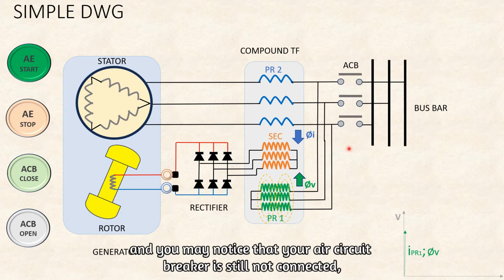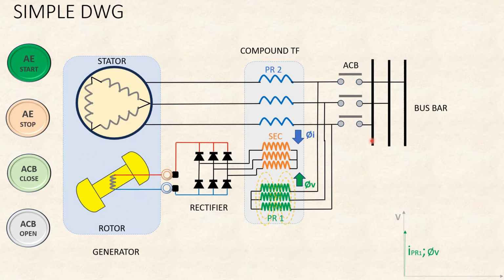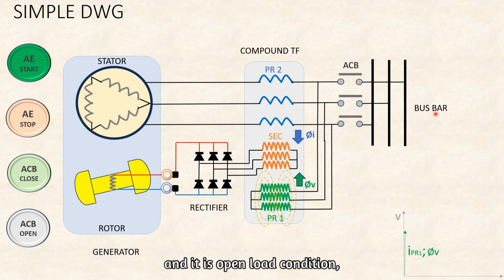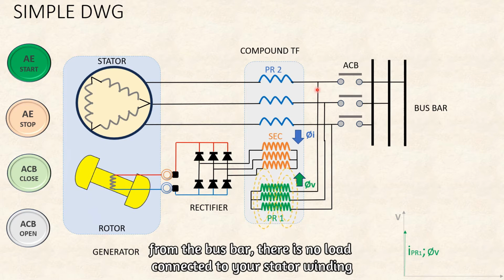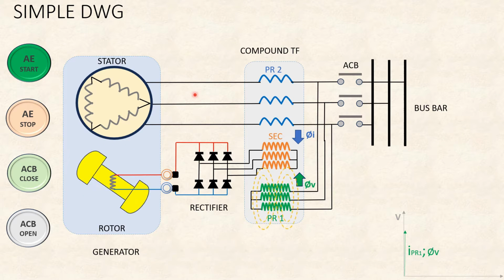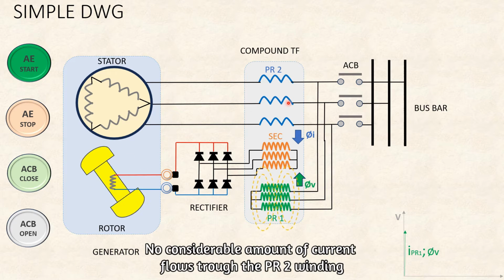We notice here that your air circuit breaker is still not connected. It is an open load condition, which means from the busbar side there is no load connected to your stator winding, hence no considerable amount of current flows through the PR2 winding.